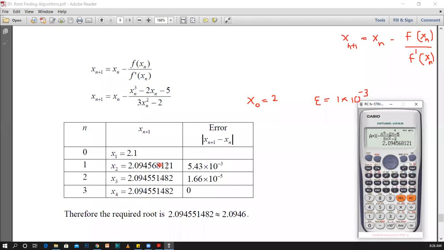If you look at these two values, in the first decimal place it is quite different, but anyhow, I have calculated the value. Now you can see that the error between the first two values is 5.49 times 10 to the power minus 3, but the predefined error limit is 1 times 10 to the power minus 3.